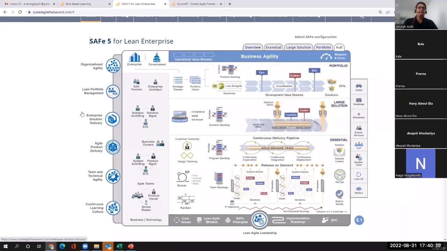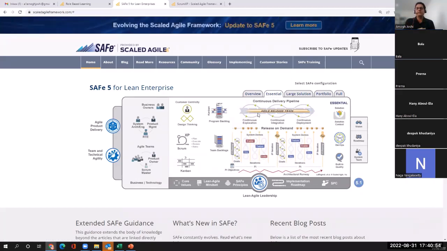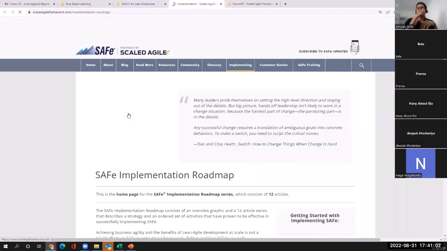Yeah. So as I was explaining, SAFe has become very much applicable. There are 4 configurations in SAFe. This is the essential configuration. If you want to start with a train where 5 to 12 teams are delivering a solution, that's where we should start. If you click on this implementation roadmap, it will give you all the steps.